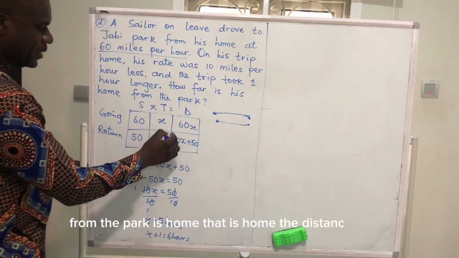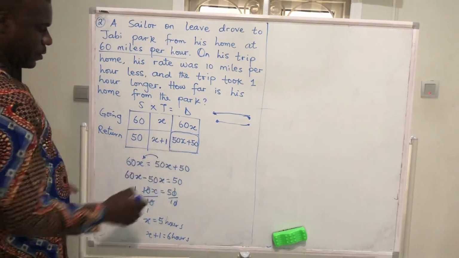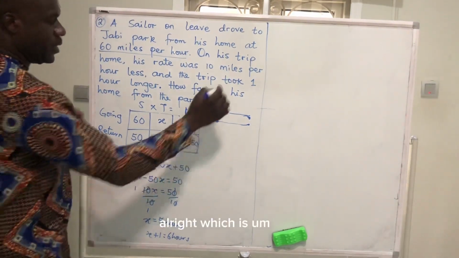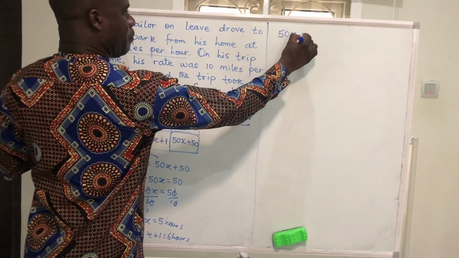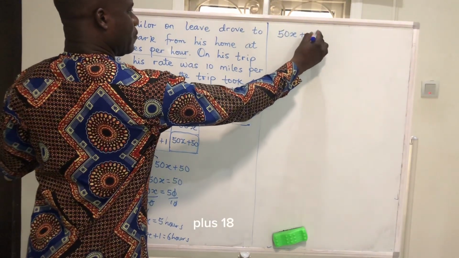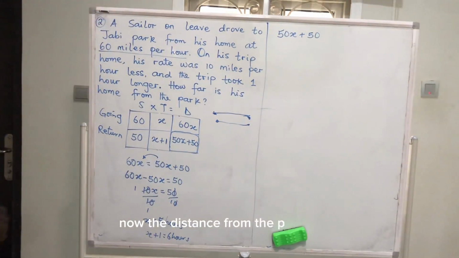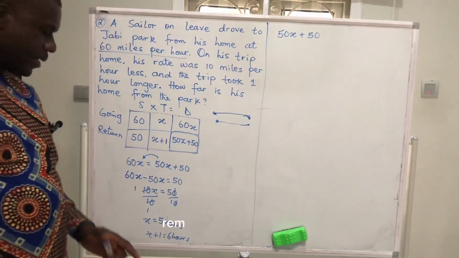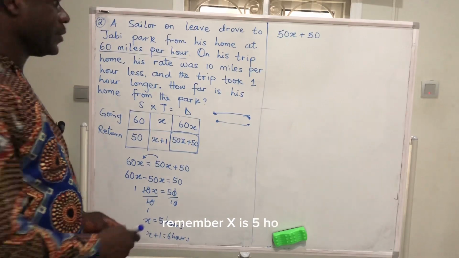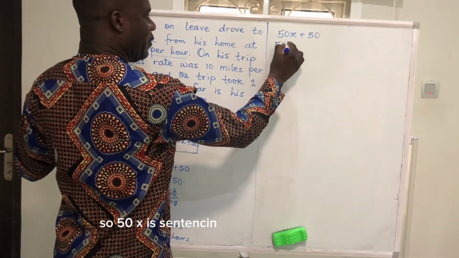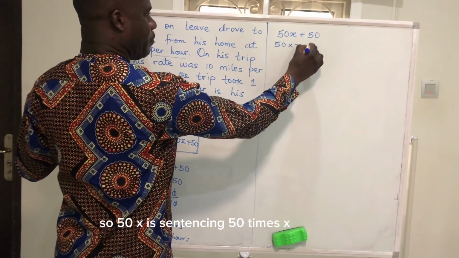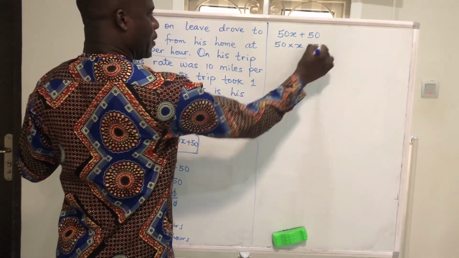The distance is this, all right, which is 50x plus 50. Okay, that's the distance from the park to his home. Remember, x is 5 hours. So 50x is same thing as saying 50 times x, plus 50.